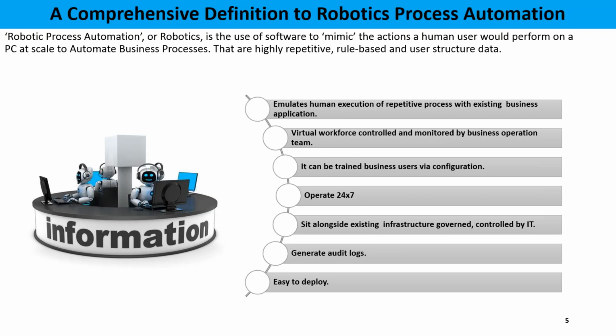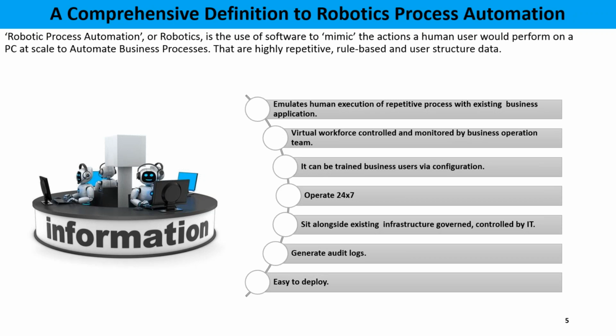It will not be a very good business case to implement RPA there, because the cost of implementing one RPA will be more than the benefit you will get. So it should be highly repetitive. That means the copy-paste job should be more than 1,000 times per person, so that it is 10,000 times for 10 people, and our implementation cost will be lower than what we are going to get.